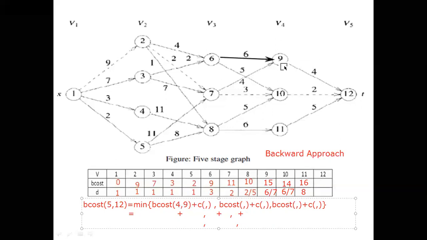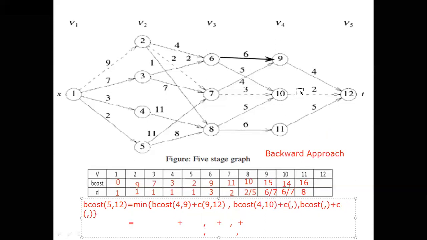What is the C value? C of 9, 12. What is the next B cost? B cost of 4, 10. What is the C value next?